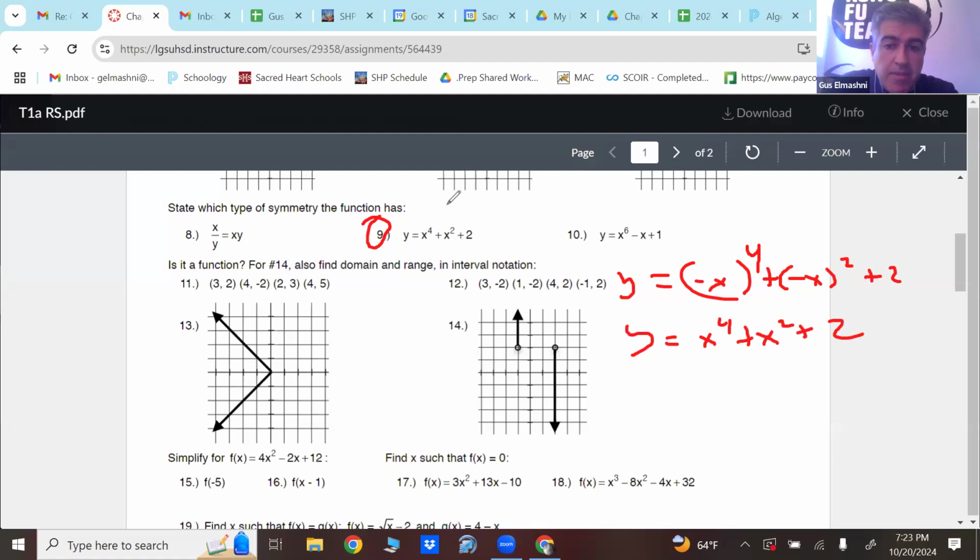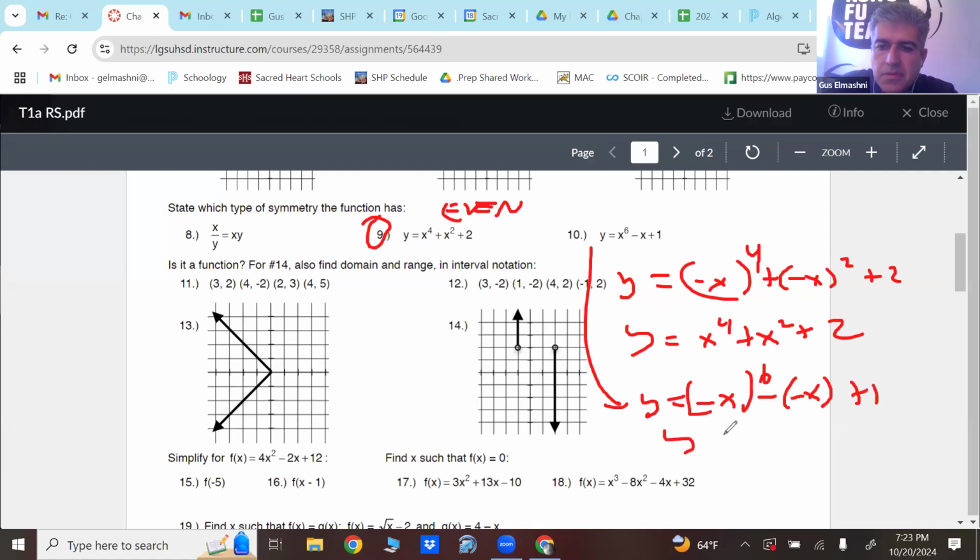If it stays the same, that's an even function. Whereas here, in order to be odd, all the signs have to change. But some do, some don't. The first one does not, the second one does, so that's neither.